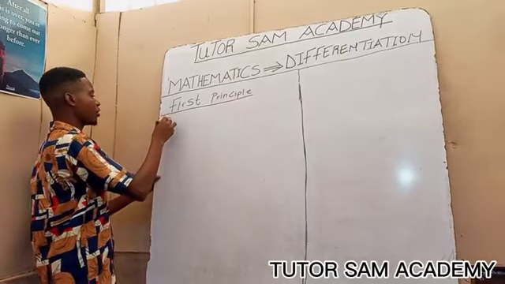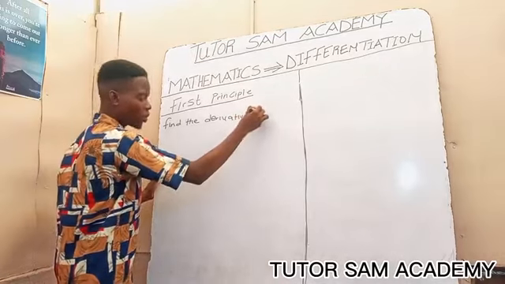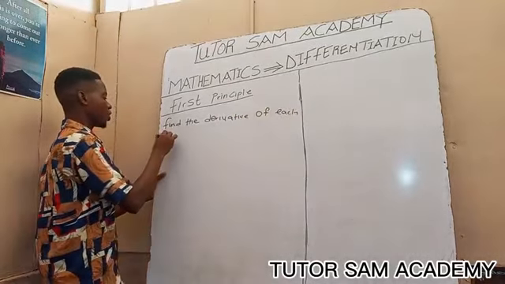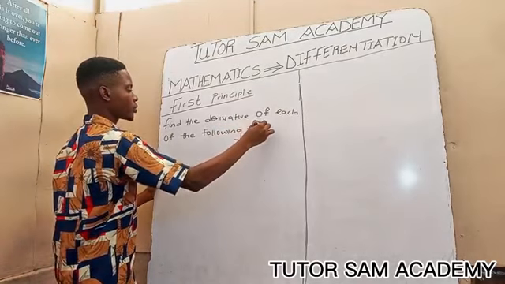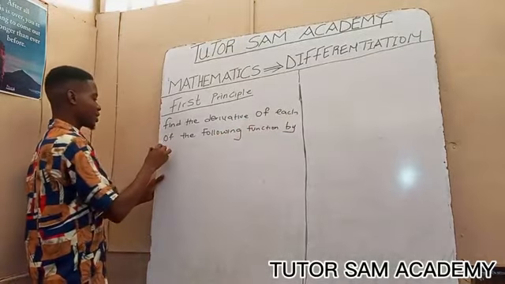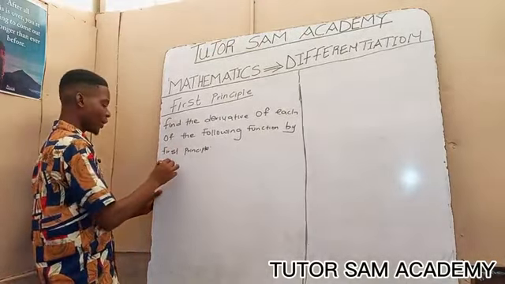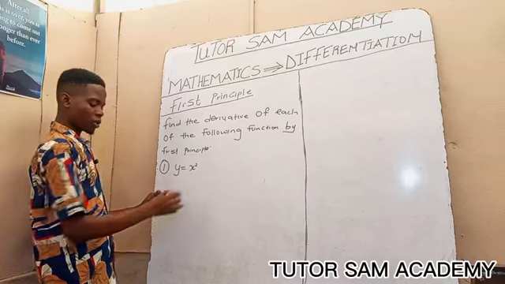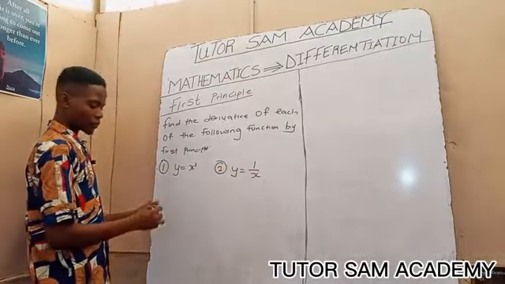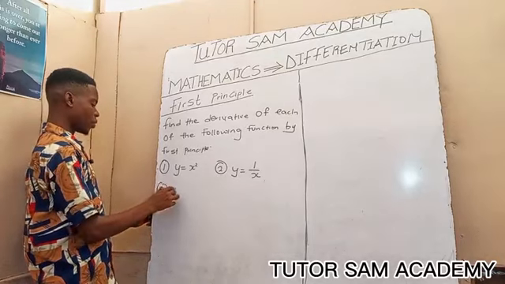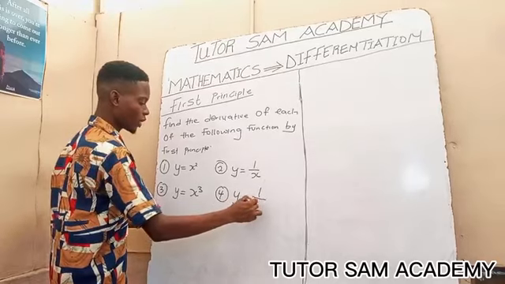Let's say you have to find the derivative of each of the following functions by first principle. 1, we have y is equal to x squared. 2, we have y is equal to 1 over x. 3, we have y is equal to x cubed. 4, we have y is equal to 1 over x squared.